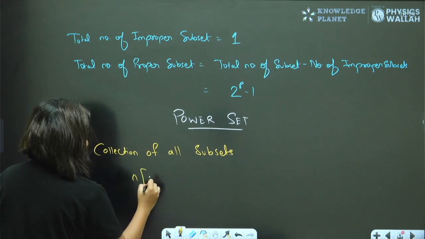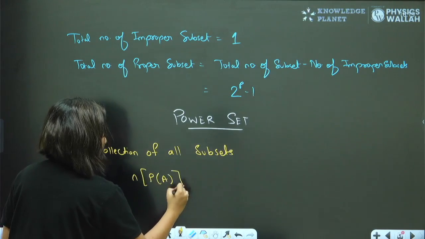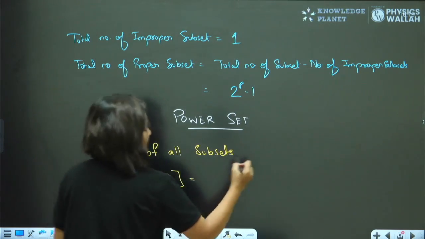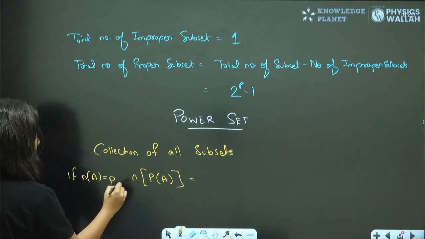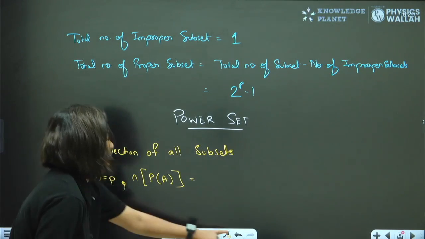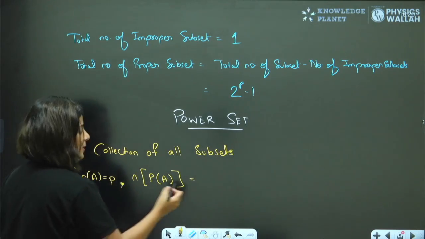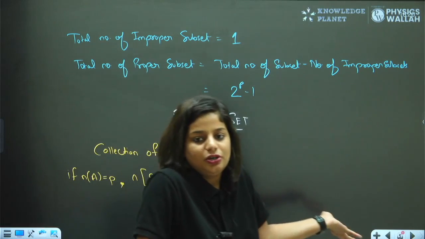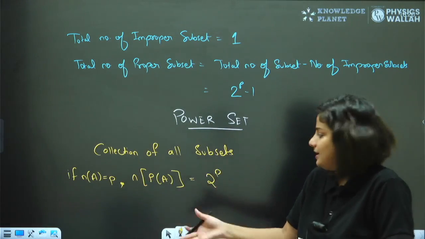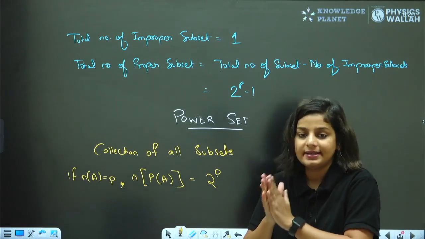Suppose set A has p elements. The number of elements in its power set will be the same as the total number of subsets, which is 2 raised to p.